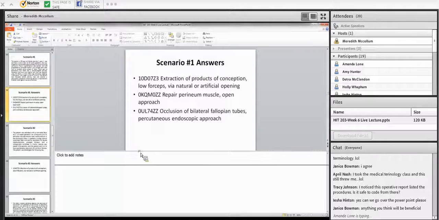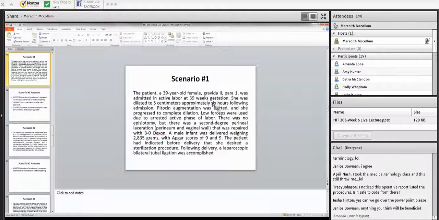Nice if I actually read the scenarios. So mom was admitted in labor. She was dilated, and then they did Pitocin, and she progressed to complete dilation. They did a low forceps delivery, but there was a 2nd degree perineal laceration, and that was repaired, and then a baby was born.